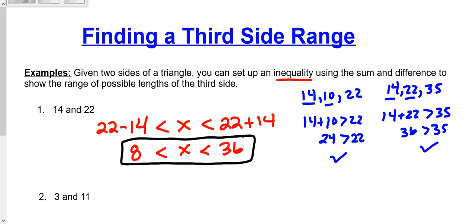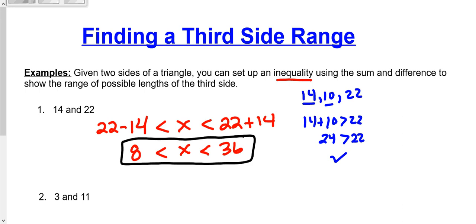But let's say we test 8. So we're just testing numbers. Then the sides are 14, 8, 22.